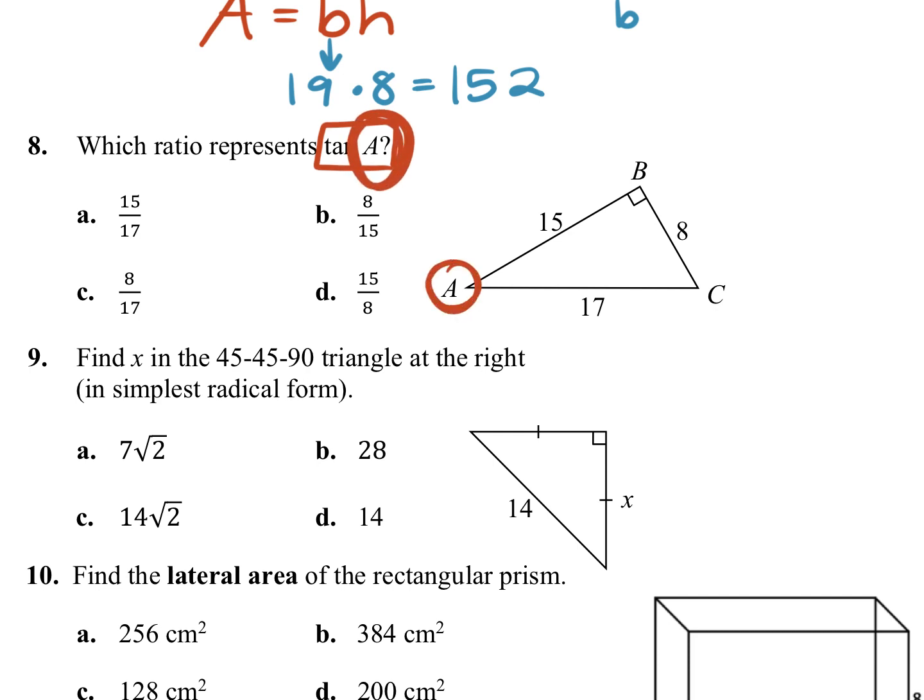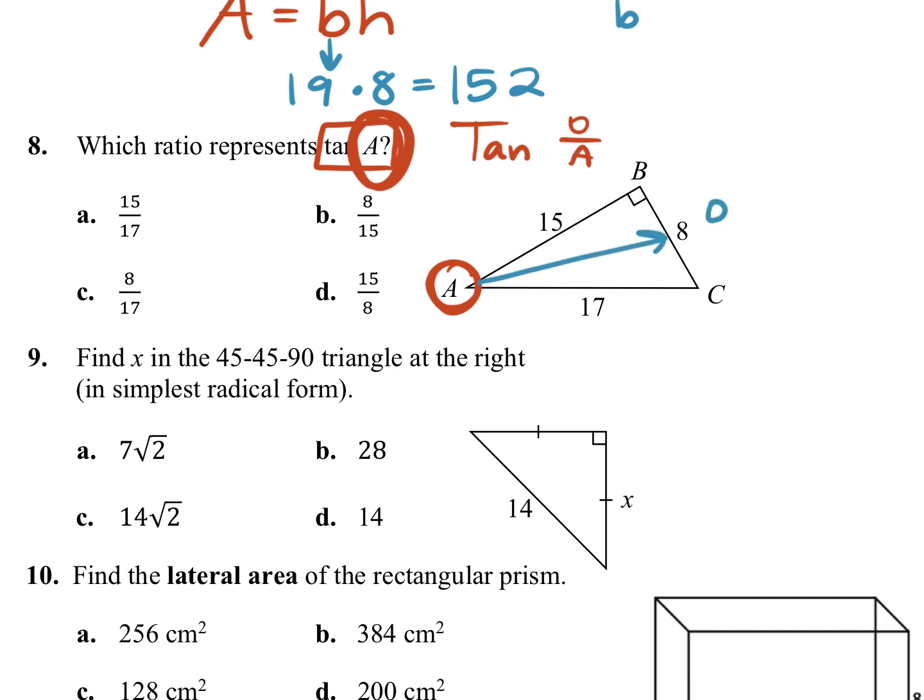So if you start at A, it's a ratio. It's just the tangent: opposite of A and the adjacent of A. Yes. Remember, tangent is opposite over adjacent. So from A, which one's your opposite? Opposite is 8.